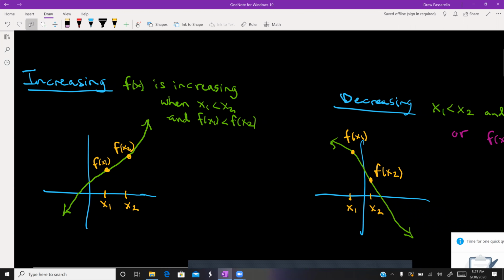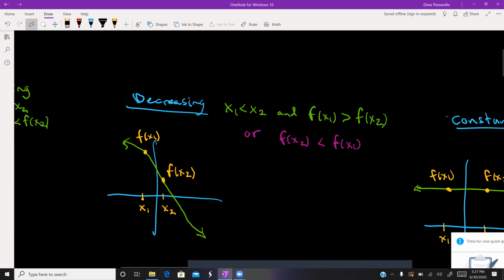Now decreasing: we have x1 less than x2, left point and then right point, and the left point, f of x1, has a y-coordinate that's bigger than the y-coordinate of the second point, f of x2. Or you could look at it as the second point's y-coordinate, f of x2, is less than the first point's y-coordinate.